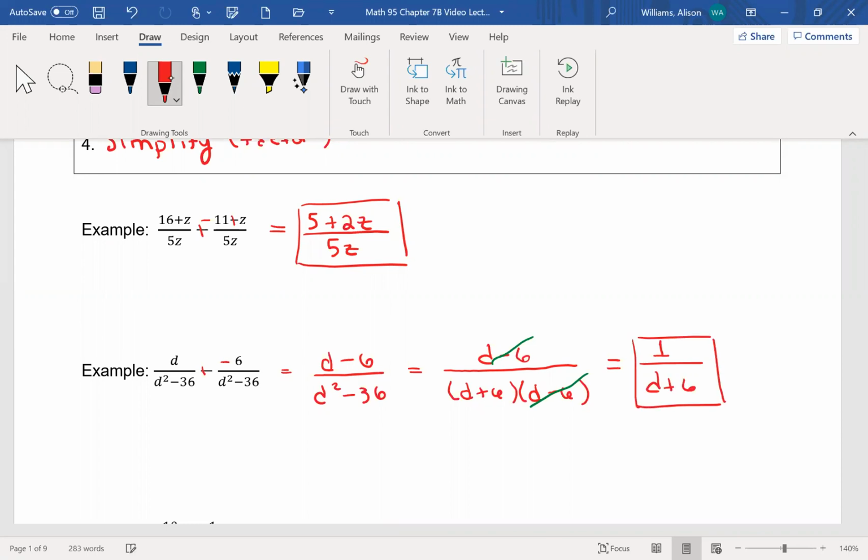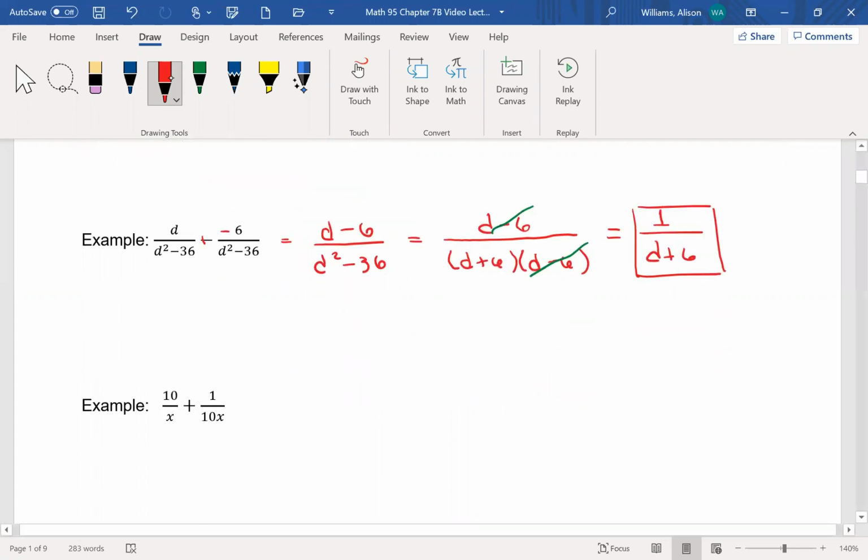All right. So let's try something where we have to do a little bit of work. On this one, they don't have a common denominator. And it's not going to be too difficult to see what the common denominator is. They both have an x in common here. So I just need a 10 on the very first fraction. So I'm going to multiply the first fraction, top and bottom, the numerator and the denominator, by 10. I'm just going to squeeze that in there.